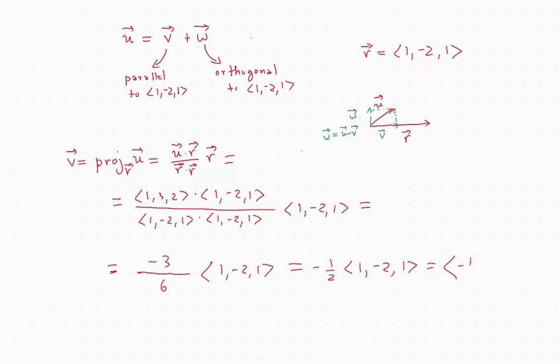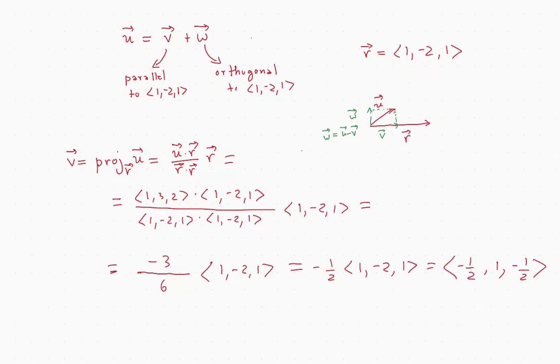Negative 2 times negative 1/2 is simply 1. Okay, so this vector is indeed parallel to the vector r because it's a scalar multiple of it. Two non-zero vectors are parallel if and only if one is a scalar multiple of the other.